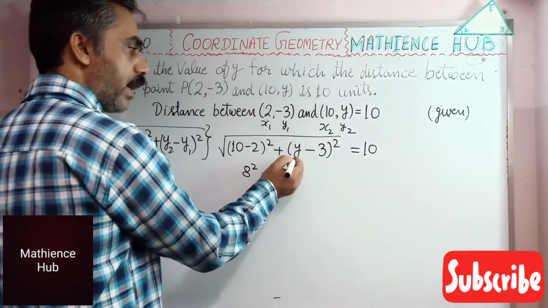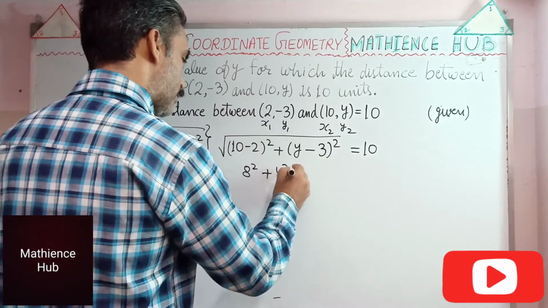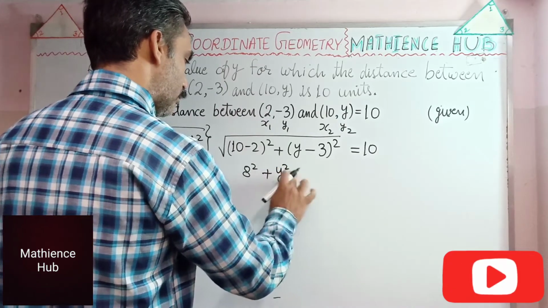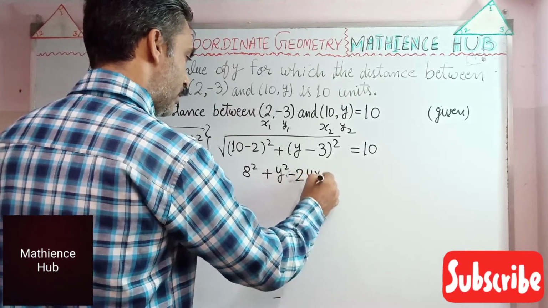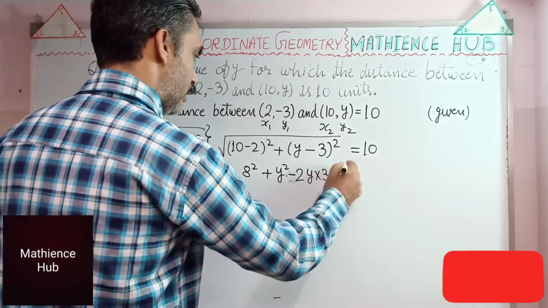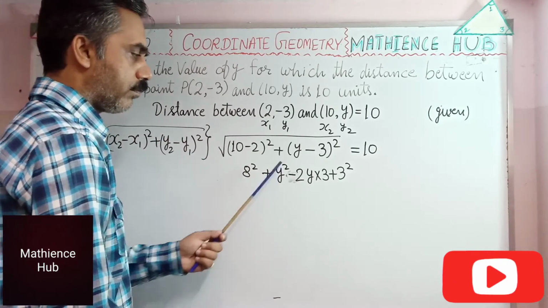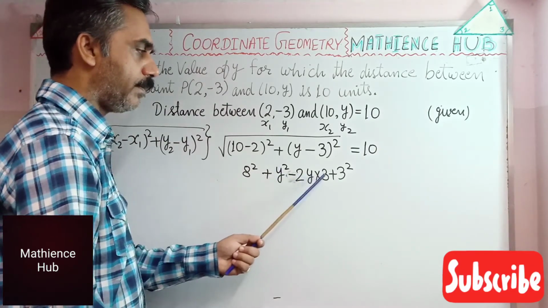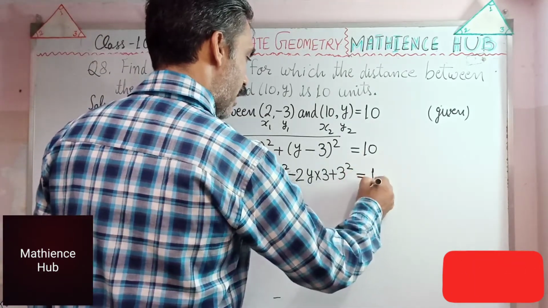Value of a is y, value of b is 3. So y square minus 2y into 3 plus 3 square, equals 10.